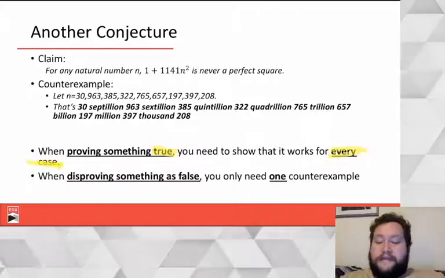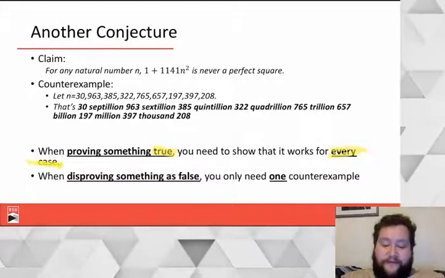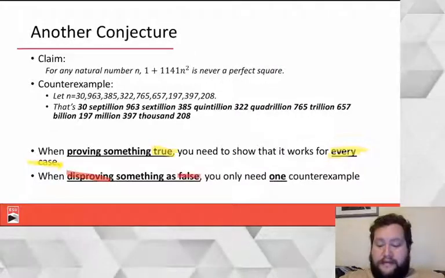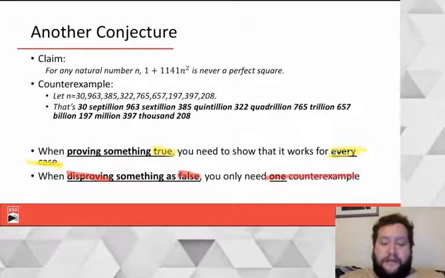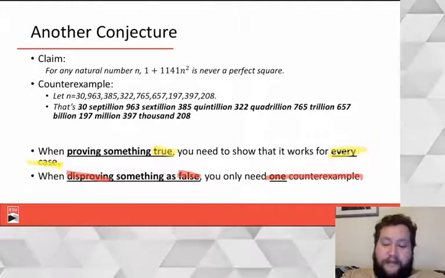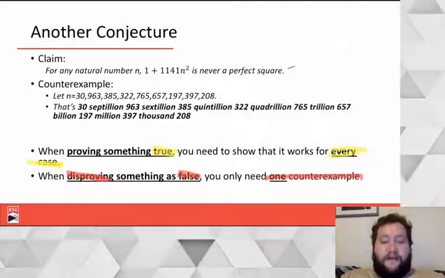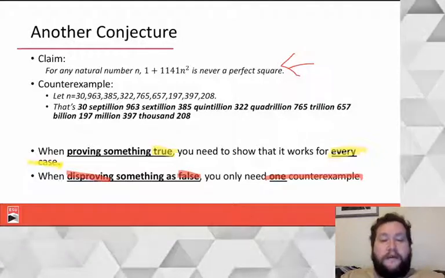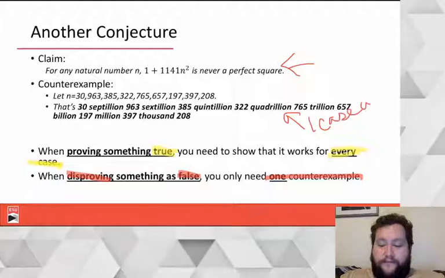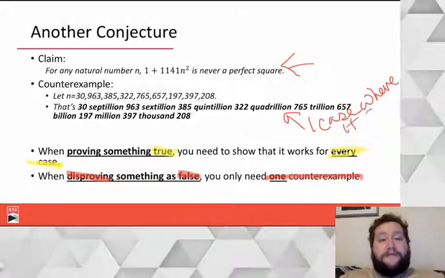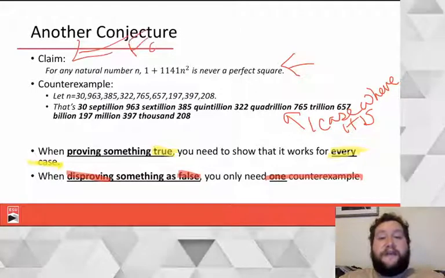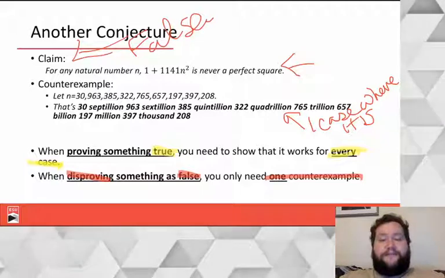But when you want to disprove something, or show that something is false, you only need a single counterexample. So even though our claim was that this is never a perfect square, because I showed you one case where it is, I know that my claim is wrong. We know that this is false. It's just it needed to be a really high number for us to get there.